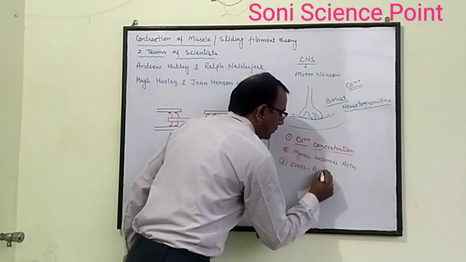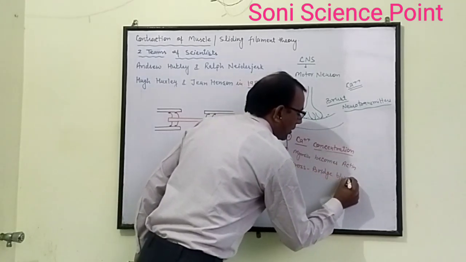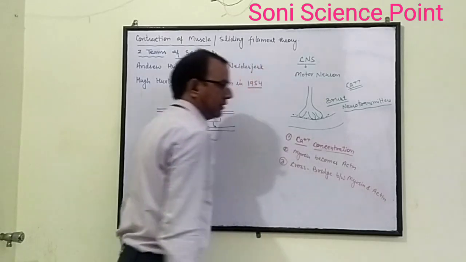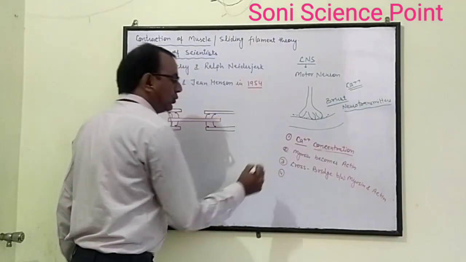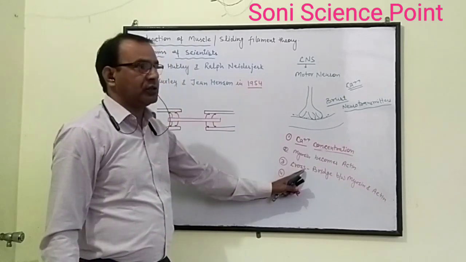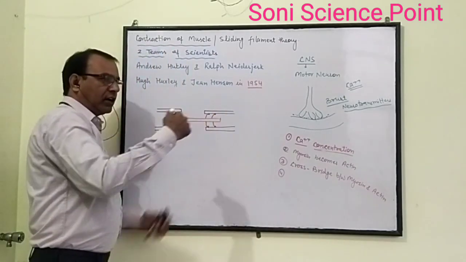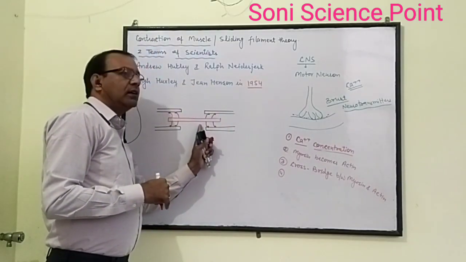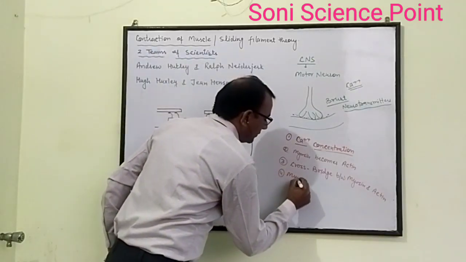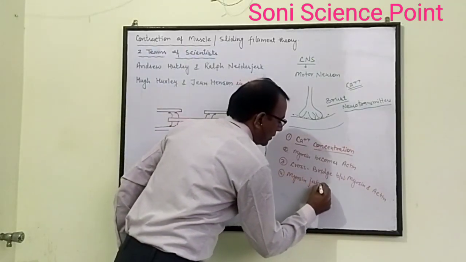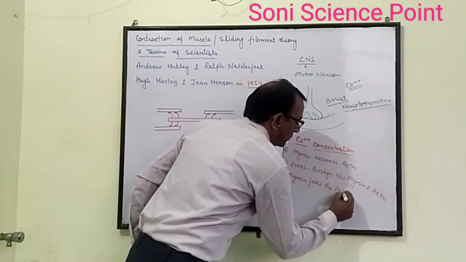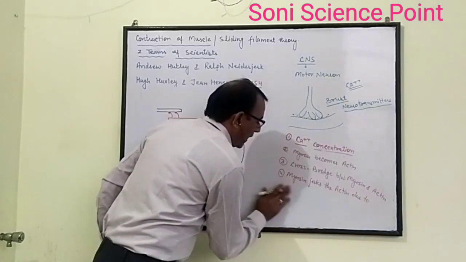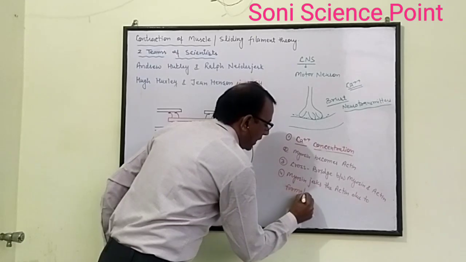Due to the cross bridging, ATP molecules are synthesized, so myosin jerks the actin, and thus the actin slides over the myosin. Myosin jerks the actin due to the formation of ATP.